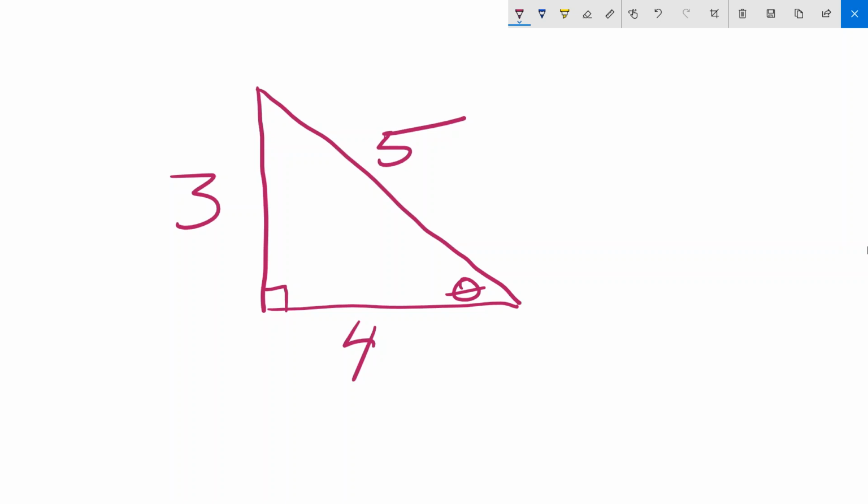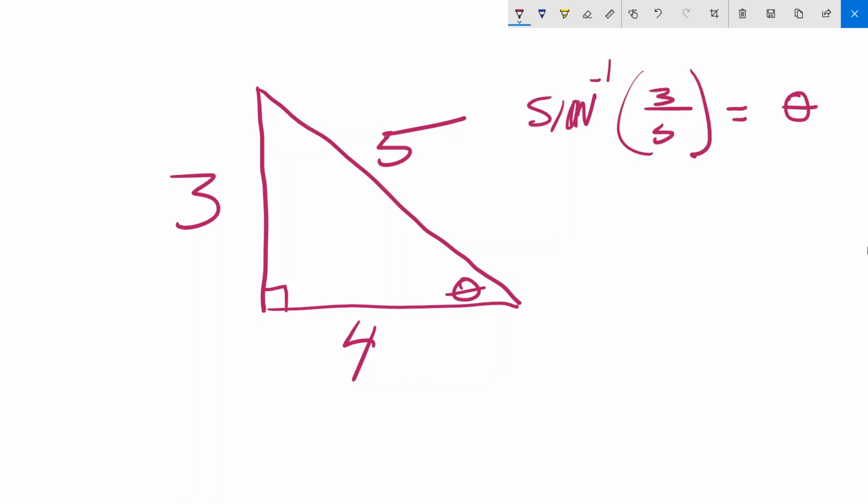Well, if I take inverse trig functions of ratios in order to get angles, what goes in the parentheses? Okay.